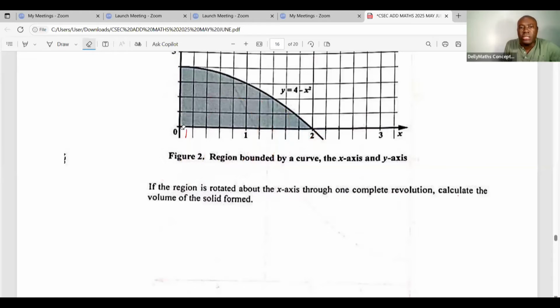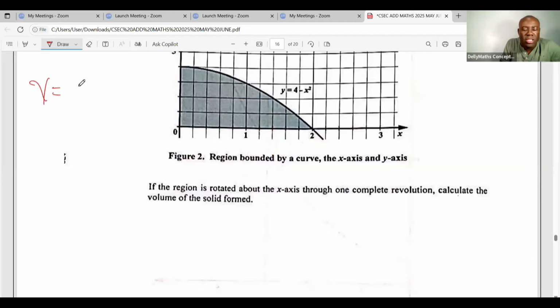So how do we do this? There's a formula that we could use for volume, and it says that volume is equal to the integral from a to b of pi y squared dx. So y is going to be our function right here.